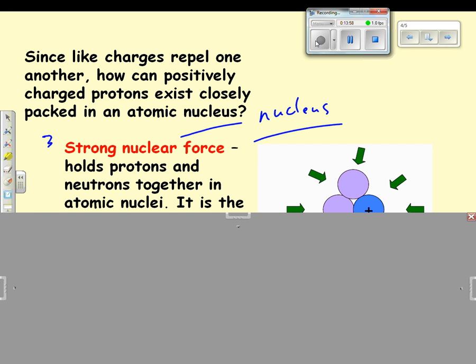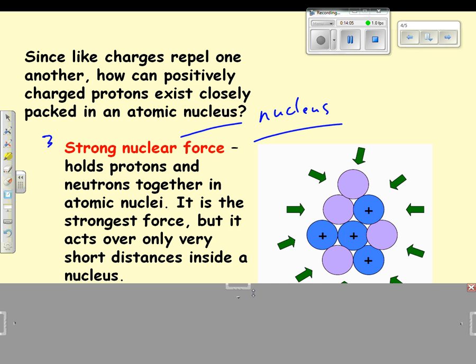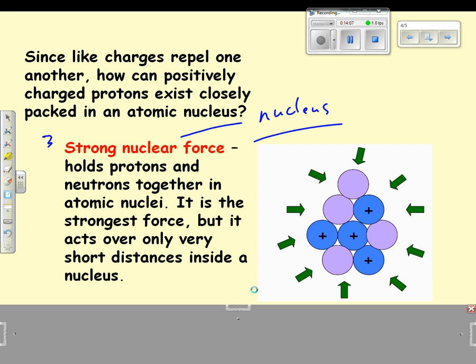So the strong nuclear force is the force that holds protons and neutrons together in atomic nuclei. It is the strongest fundamental force. But the thing is, it only acts over very, very short distances inside an atomic nucleus. Extremely short distances. It's the strongest, but it only works in really close quarters.